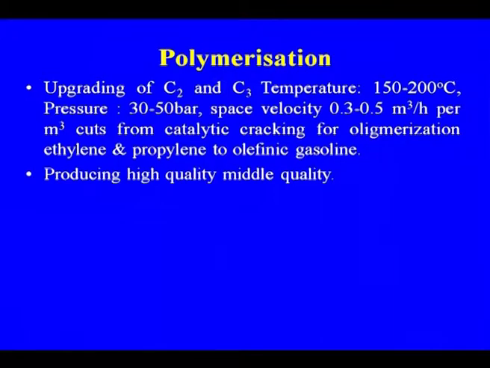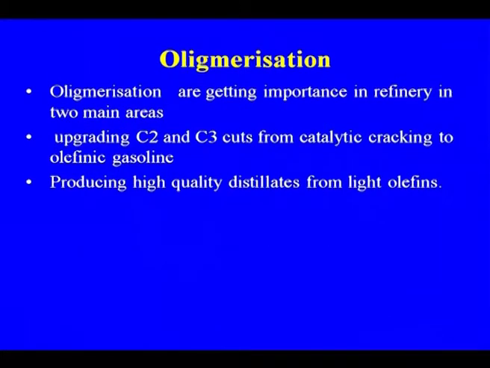Catalytic cracking for oligomerization of ethylene and propylene to olefinic gasoline, producing high quality or middle quality gasoline. Oligomerization is getting importance in the refinery in two main areas: upgrading of C2 C3 cuts from catalytic cracking to olefinic gasoline, and producing high quality distillates from light olefins. So this is what happens in most of the oligomerization processes.